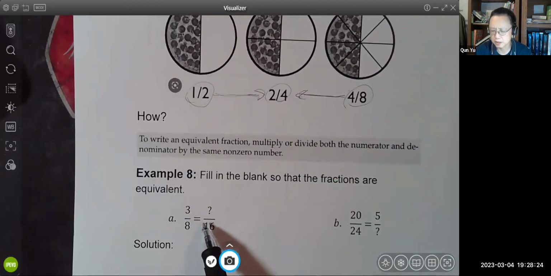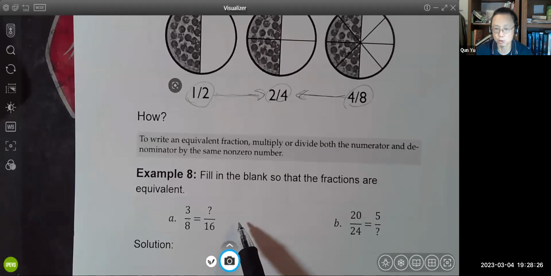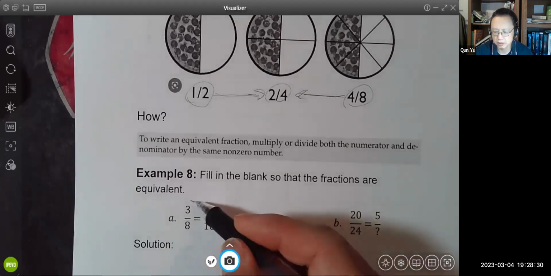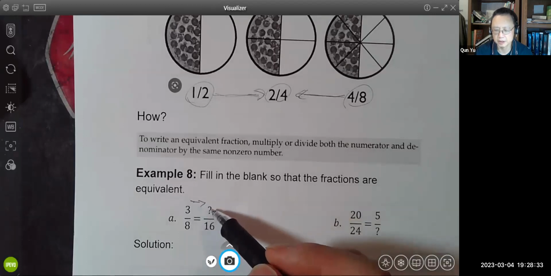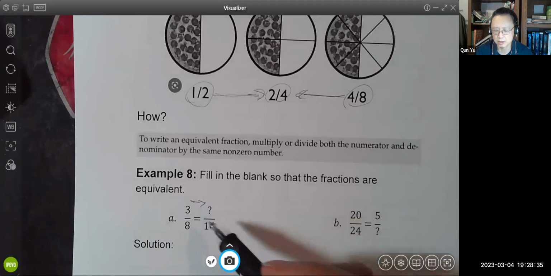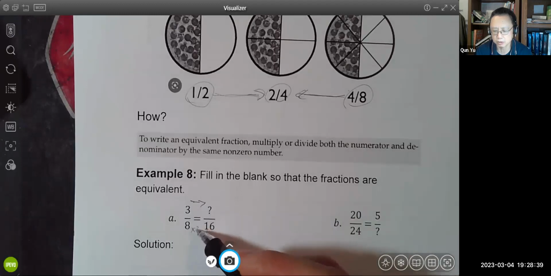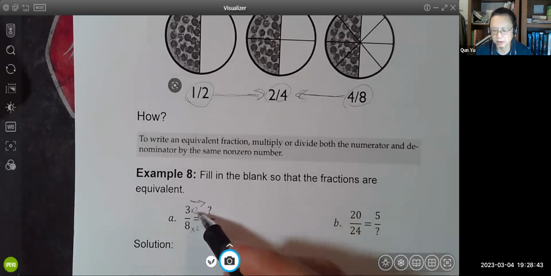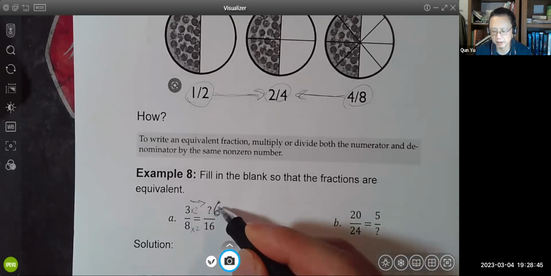It says fill in the blank so that the fractions are equivalent. Actually it's pretty easy to do. We go in this direction because we need to figure out this question mark. Look at the other side. From 8 to 16 is double, right? Multiply by 2. You have to do the same thing on both sides. 2 times 3 is 6. So the answer is 6/16.